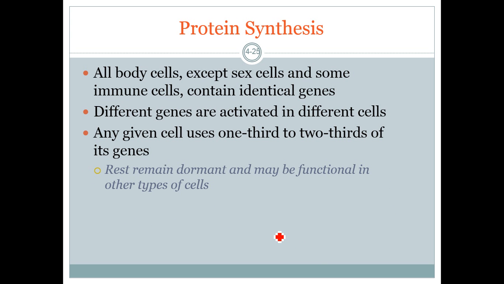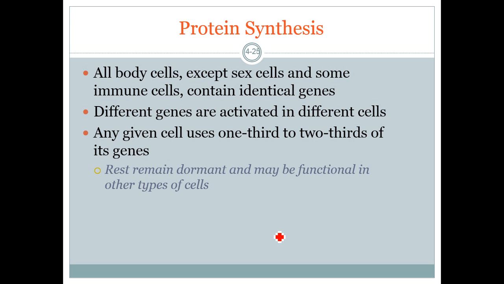Now, the genetic code specifies which proteins a cell can make. Now, different cells have different active genes. A given cell uses only 1/3 or 2/3 of its genes. Now, when a gene is activated, an mRNA copy is made. So when those genes that I just showed you, the base triplet of the DNA, when it's activated, that's when we're going to get this mRNA copy.